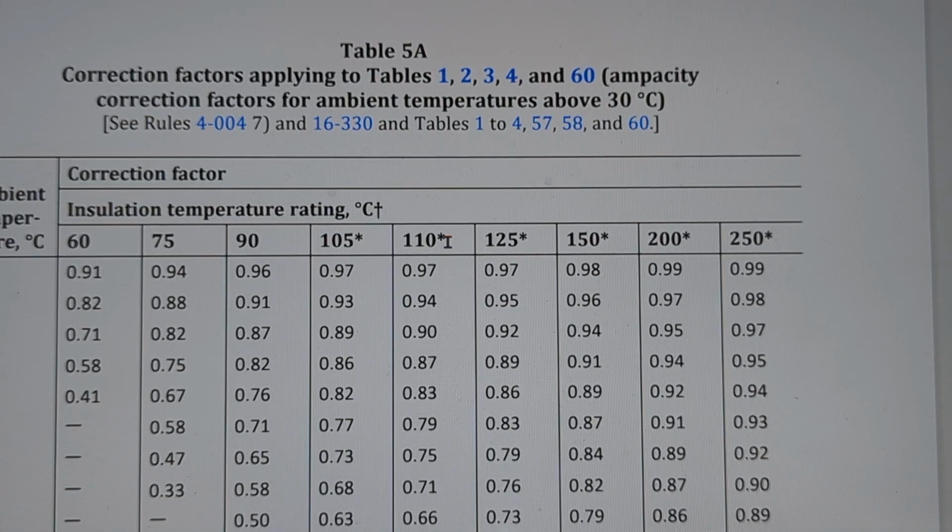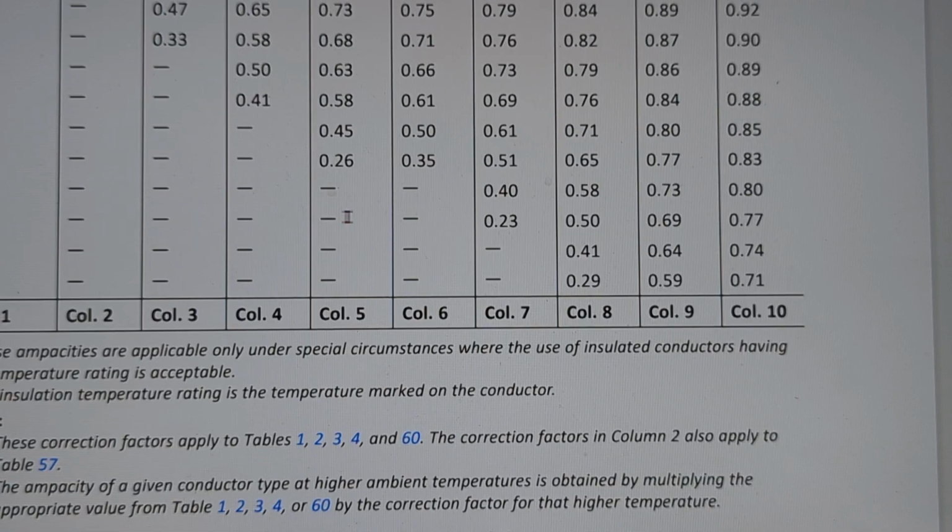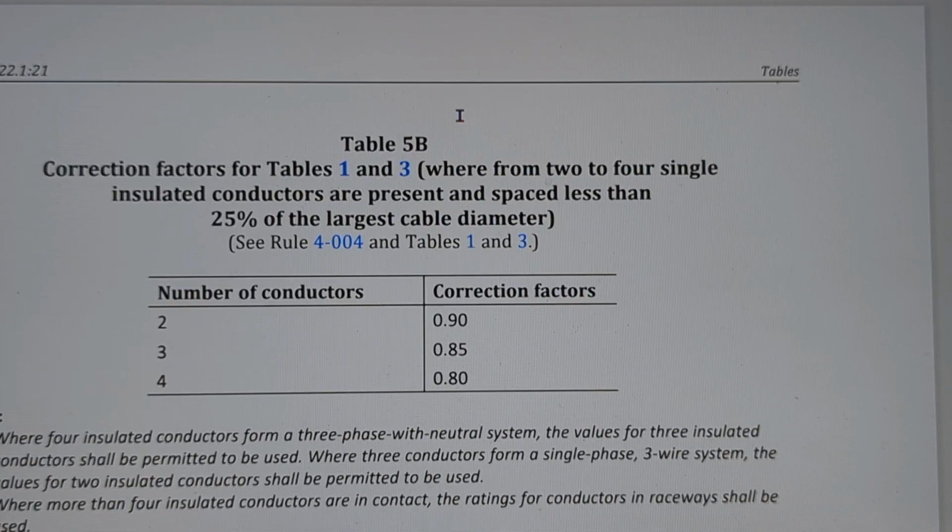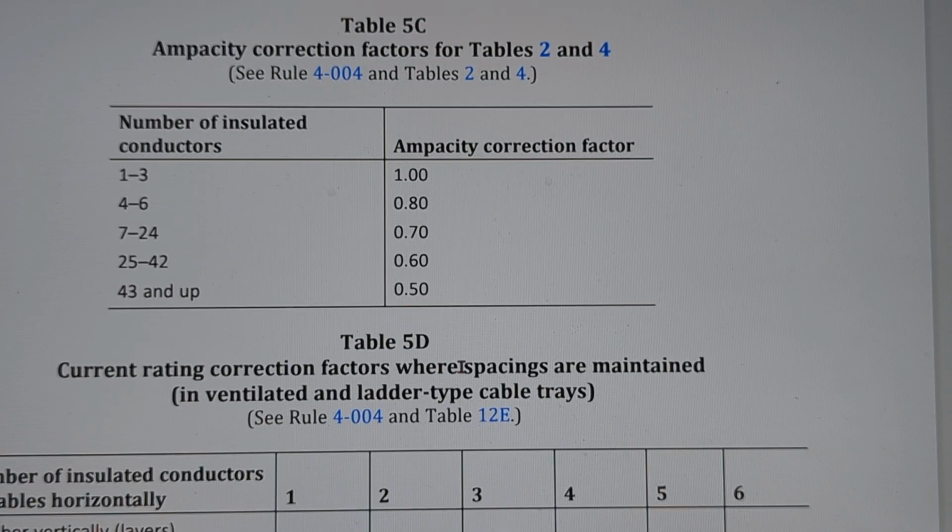Chapter 5 is very important for the correction factor for the insulation temperature. 5B is very important, and 5C. Just ignore 5D, no need.